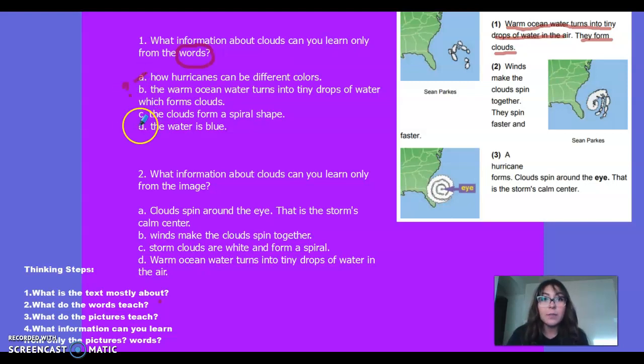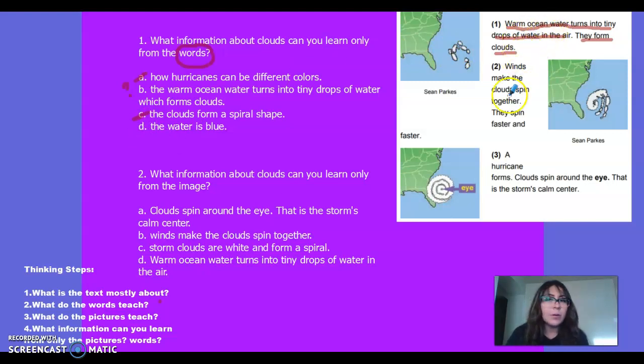I need to read all of my answer choices. C, the clouds form a spiral shape. Did I ever read that in the words? Let me see. I don't see the word spiral anywhere in the words. So no, C is trash. I cannot find that in the words. D, the water is blue.